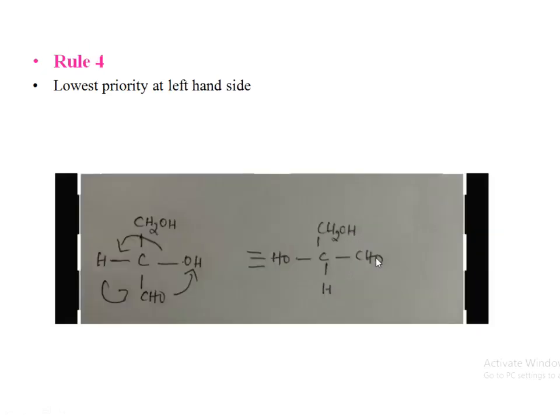Next is the lowest priority on the left-hand side. So the hydrogen is here, OH goes in this direction, CHO moves here and hydrogen goes to the bottom. And these are the rules. They are also called sequence rules. Thank you, that's all for today.